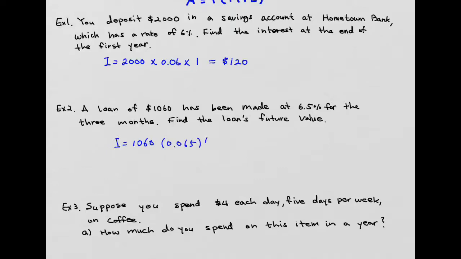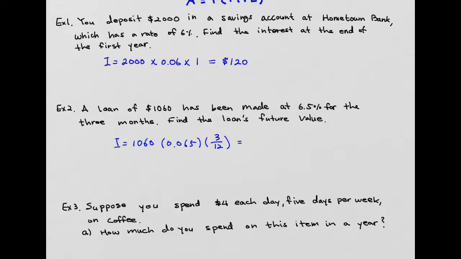And then you're going to multiply by the years. But what you have is 3 months. So 3 months per year is going to be 3 months out of 12, right? If it's 1 year, 2 years, your time is going to be 1, 2. But because it's less than 1, you're going to write it in a partial form, which is the fraction here.